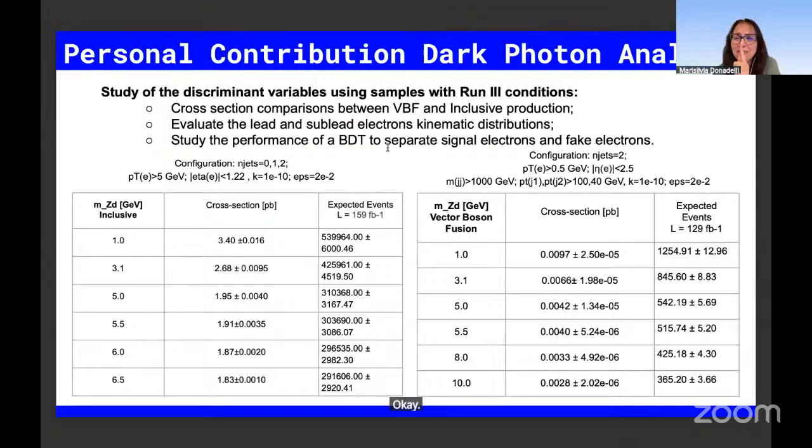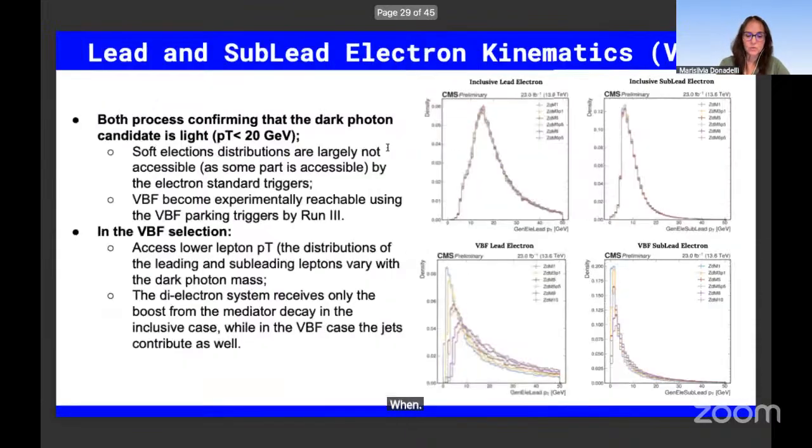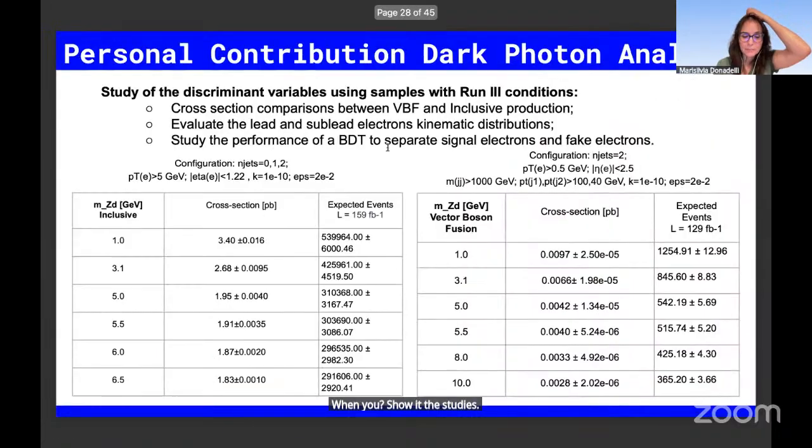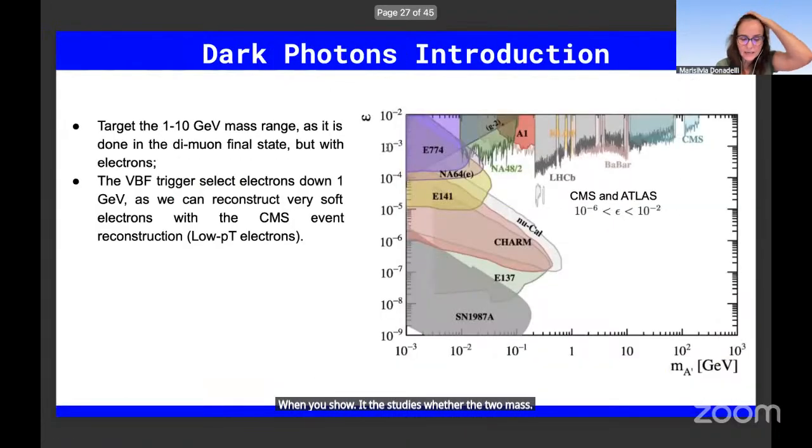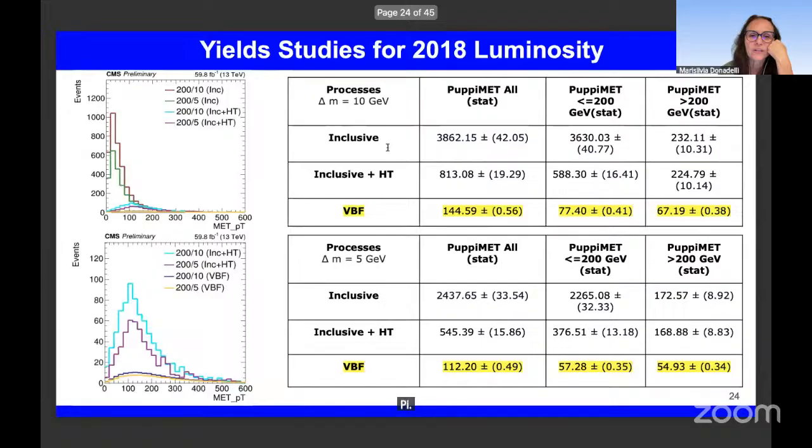Okay, I forgot. I have one more. I promise. That last one. Can you go to when you showed the studies with the two mass splittings, the T chi WZ 200?